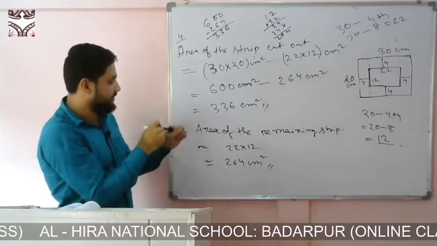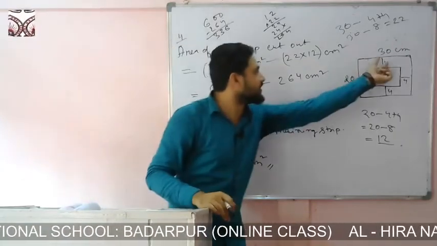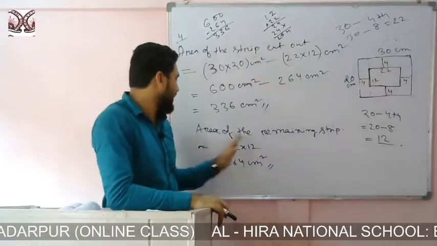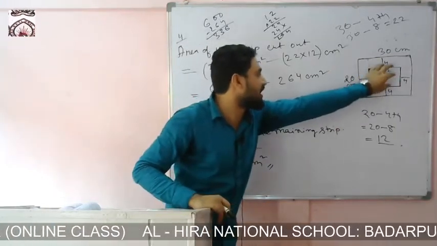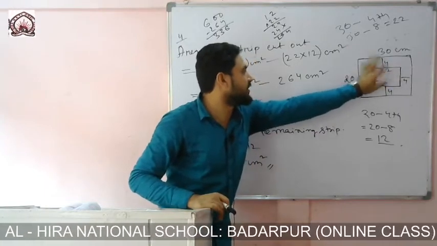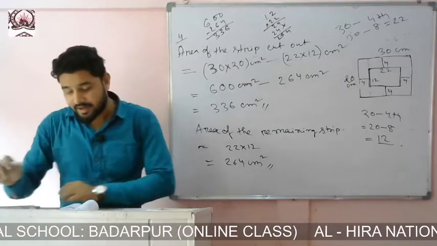Yes, it is correct. The area of the remaining strip is the strip cut out. That means this strip has been cut out by subtracting this one. And the area of the remaining strip means after cutting, how many square units remain. So this is the answer. Okay, correct this one.